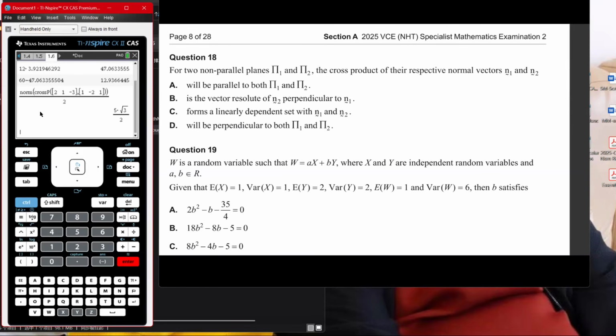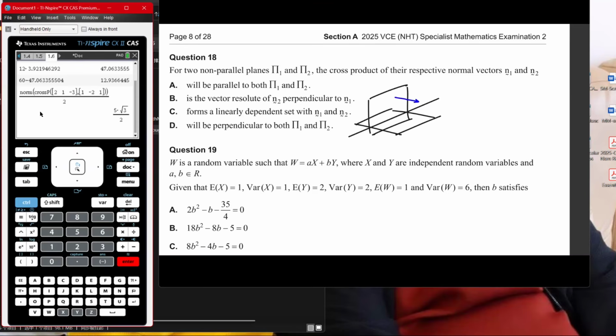Question 18. For two non-parallel planes, pi 1 and pi 2, if two planes are not parallel with each other, they must be, let's say, intersecting. Something like that, okay? The cross product of their respective normal vectors n1 and n2.